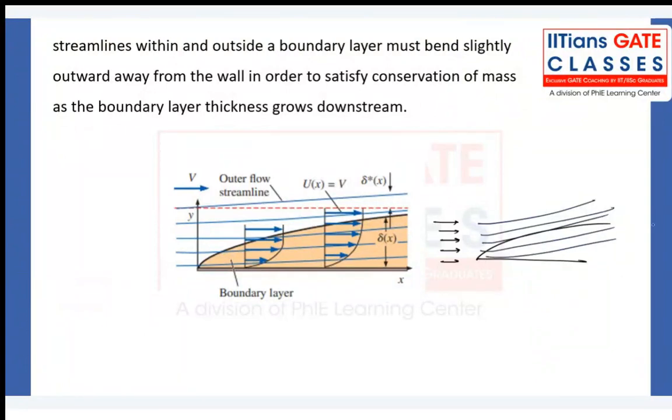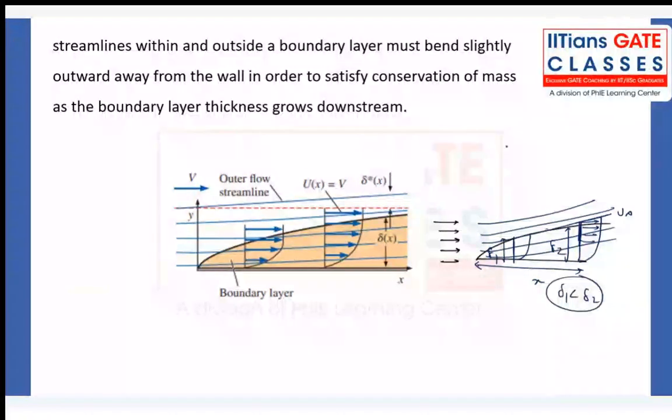They will no longer be parallel. Due to that reason also, to achieve the same free stream velocity, let's say this is U infinity, it has to travel more distance. As we march along the plate, to achieve the same free stream condition, delta 2 has to be more than delta 1, because of the shifting of the streamline.